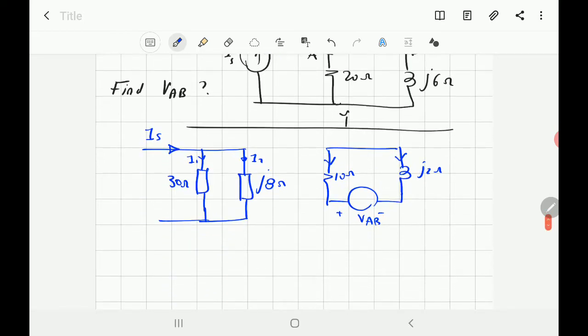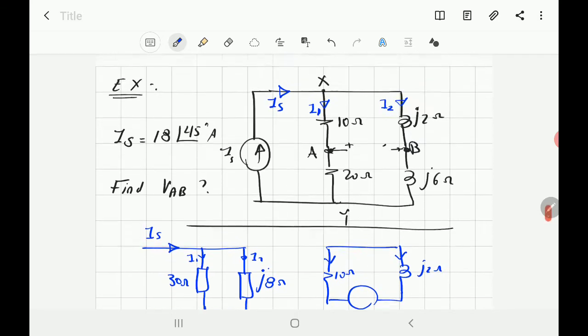So to find I1, I'm using the rule of current divider. I1 is equal to the total current, IS, times the impedance of the opposite branch of I1. So it'll be J8, divided by the sum, J8 plus 30 ohm.